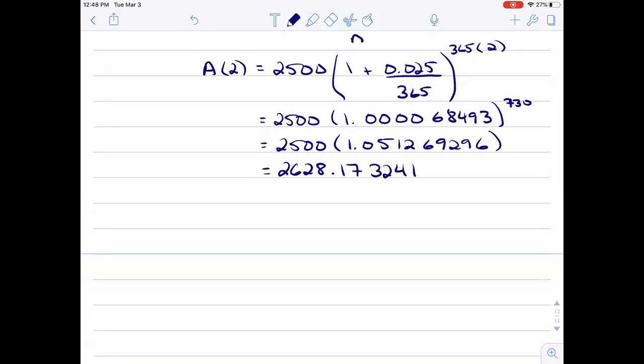Because this is money, I know I have to round to 2 decimal places. And so in terms of dollars, I've got $2,628.17 after 2 years.